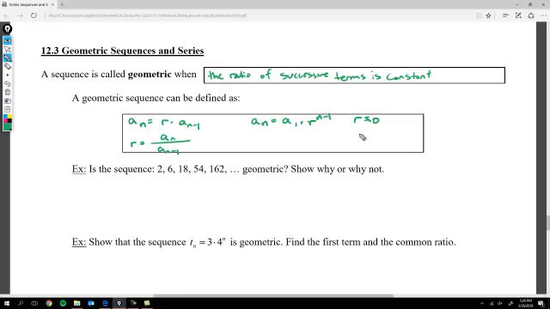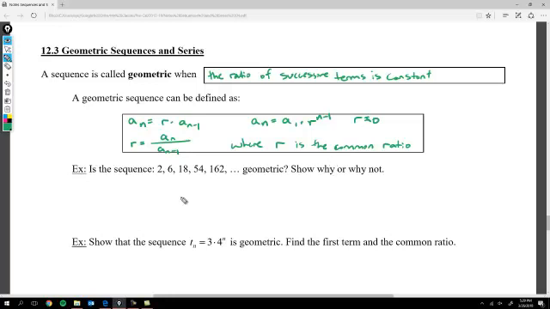And then it gets to a weird case where you start dividing by zeros, so we're not going to deal with that. It's a sub 1 times r to the n minus 1, where r is the common ratio.